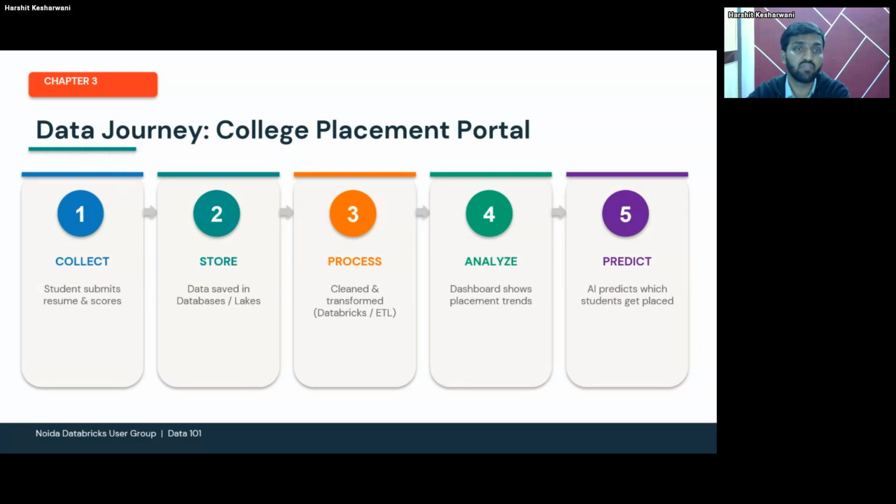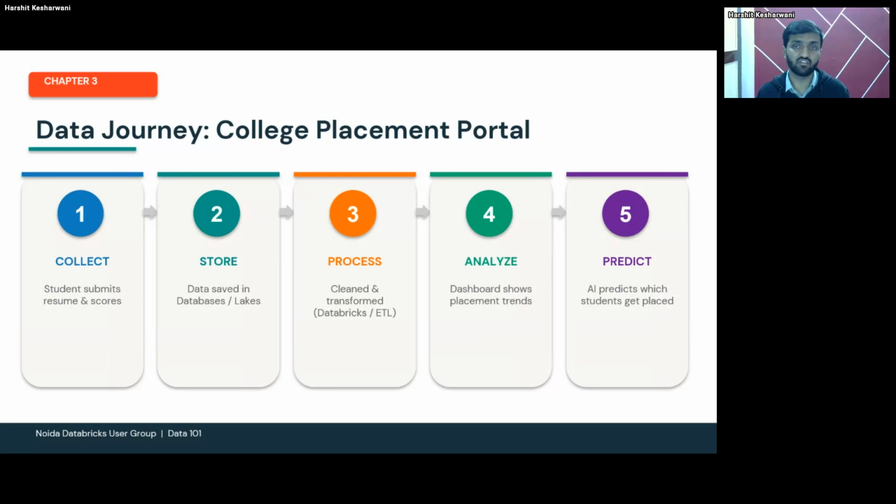So think of a placement portal of your college, right? Actually, let's forget about the placement portal. Think about a Google form which your placement team is circulating to fill for a particular company XYZ, or a pre-placement form to understand what exactly the current scenario is.